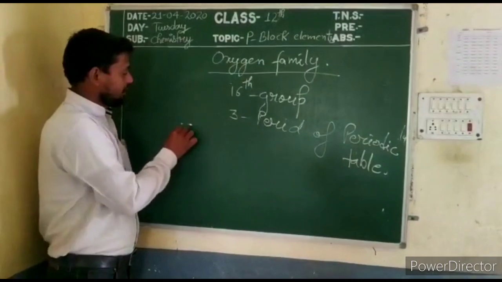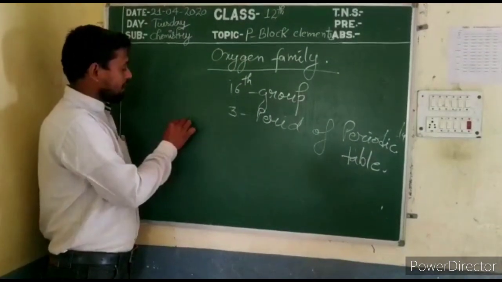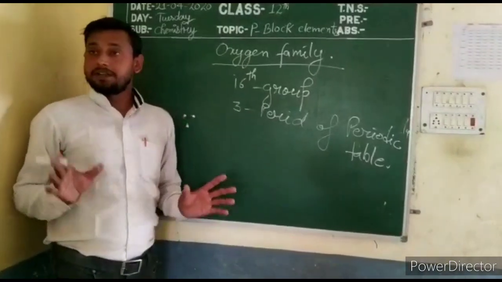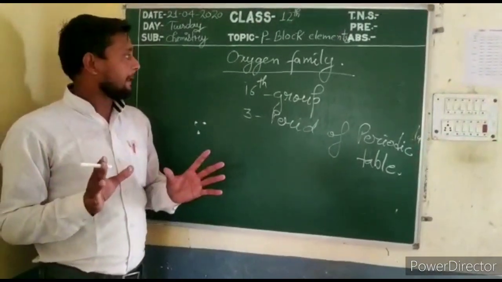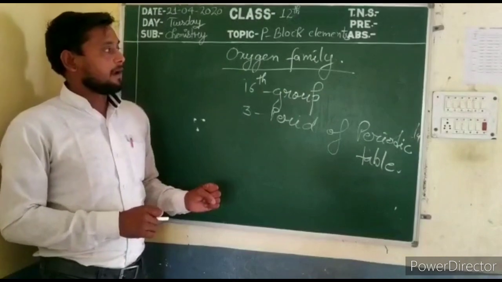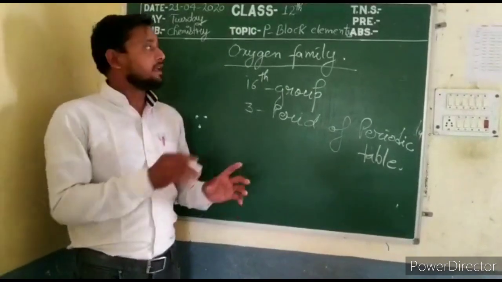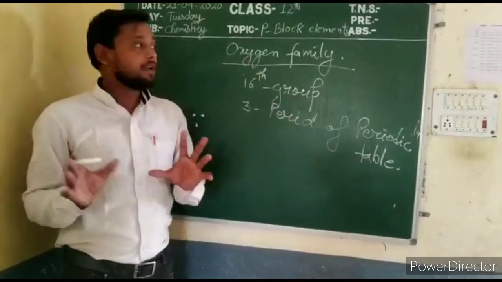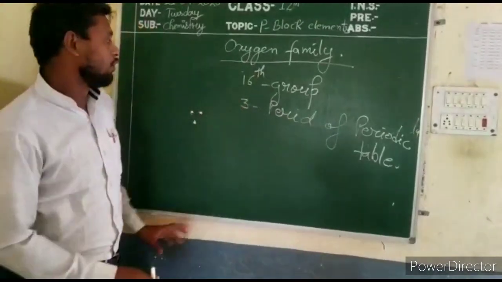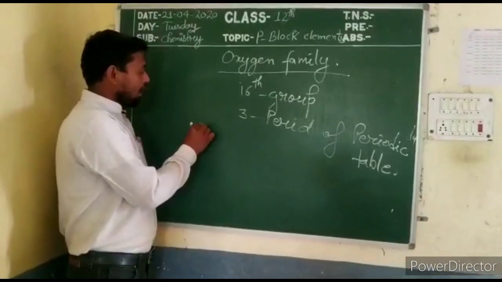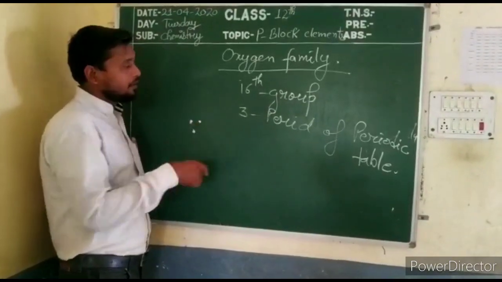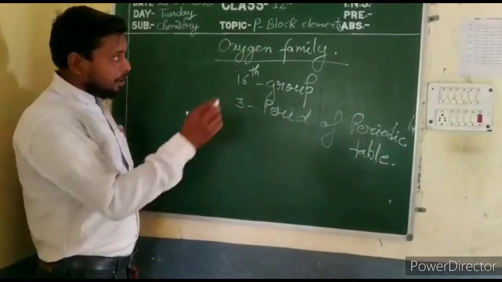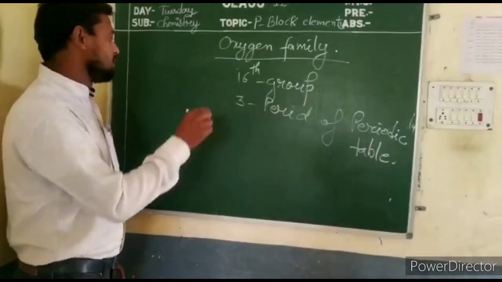Firstly, we know what oxygen is. Oxygen is basically a gas element, and it is not found in the P block elements as a solid. It is found in a totally gaseous state. Now, how do we know the atomic number and atomic weight of oxygen?